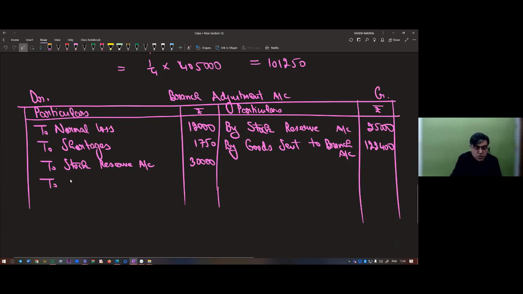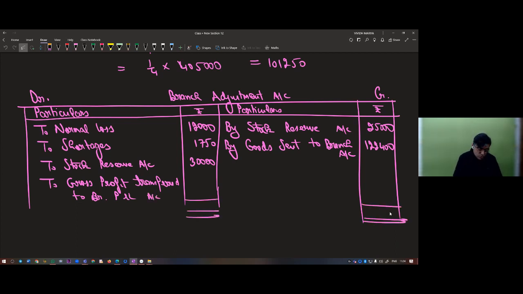To gross profit transferred to branch P&L account, 1,47,400 minus 12,000 minus 1,750 minus 30,000, that is 1,03,650.